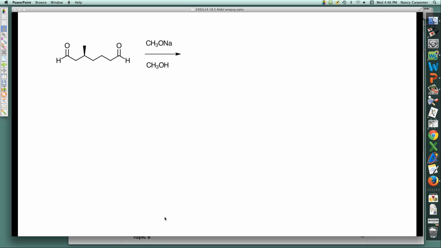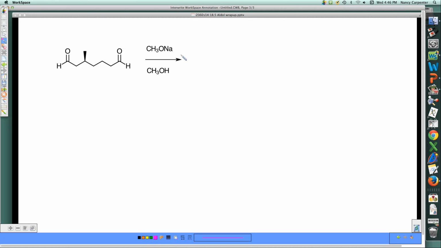So here it is. We're going to start out as usual by crossing out our spectator ion. We're under basic conditions, obviously, and so we will arbitrarily choose to deprotonate one of the alpha hydrogens. And I'm just going to pick that guy off.